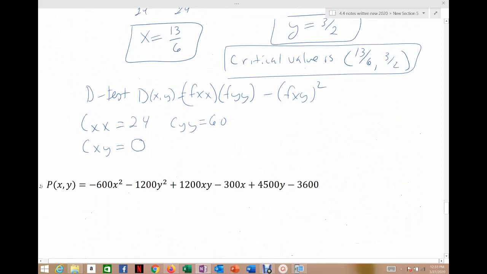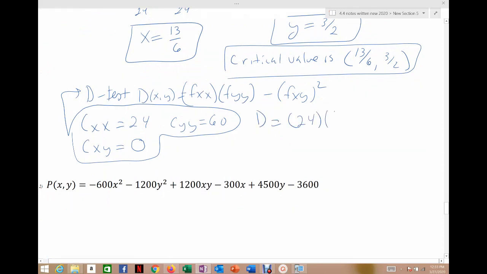Now we plug these values into my D-test. I'm just making sure I multiply correctly. It's going to be 24 times 60 minus 0 squared, which is a positive number. So my D came out positive, so yes, it's an extrema.